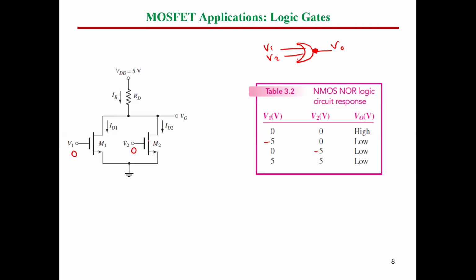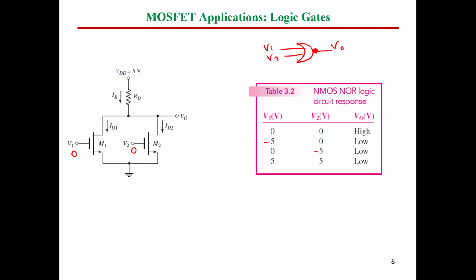These two MOSFETs will be in turn-off mode, and no current flows through this resistor because there is no connection to ground. In this case, the same voltage will appear here in the output. So this is active high now.